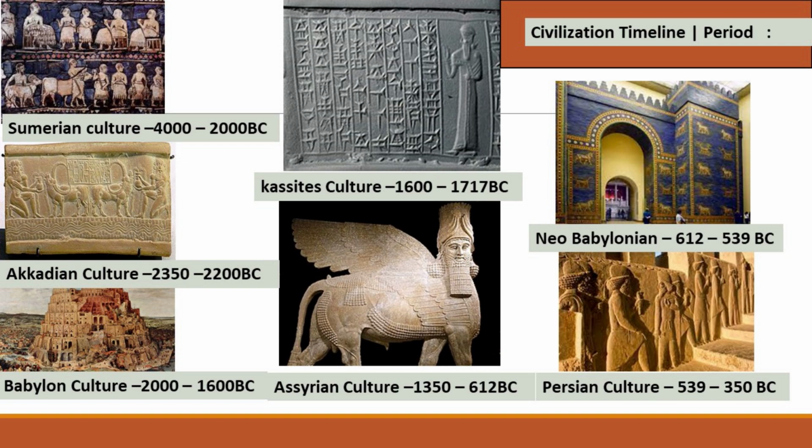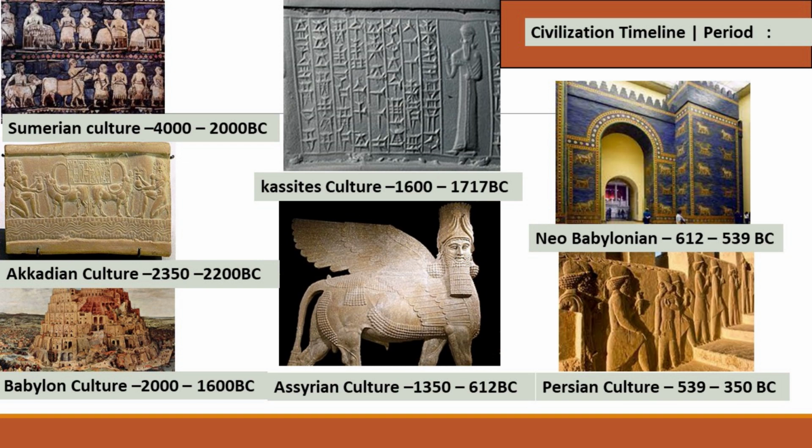Coming to the civilization and timeline, there are different civilizations and cultures that happened in the Near East. Talking about the first one, Sumerian culture, that we will be discussing in this video. Sumerian culture started from 4000 to 2000 BC. Then Akkadian culture happened in 2350 to 2200 BC.